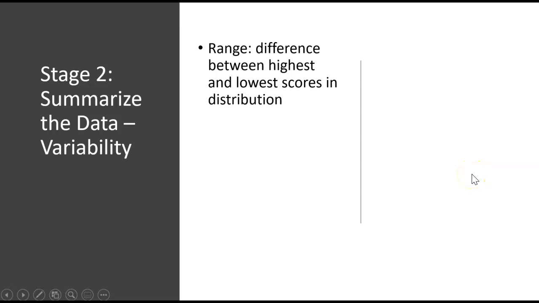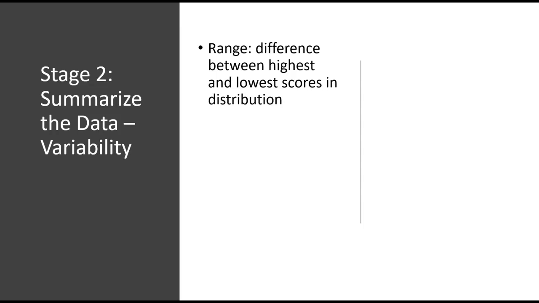So let's say I've got perceived stress scale mean scores, and I've reported the mean score for the full sample. And I know that possible scores can range from a very low score to a much higher score. Well, I need some way of summarizing for my reader just how spread out the scores are. Are they very tightly clustered around the mean, or are they very spread out around that mean?